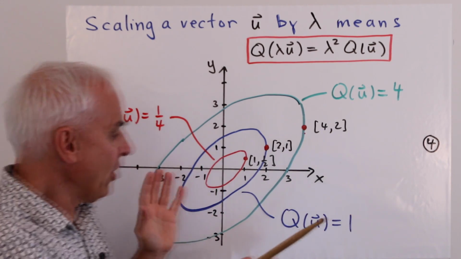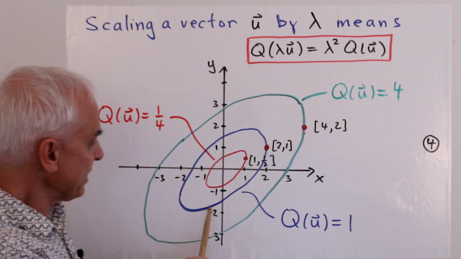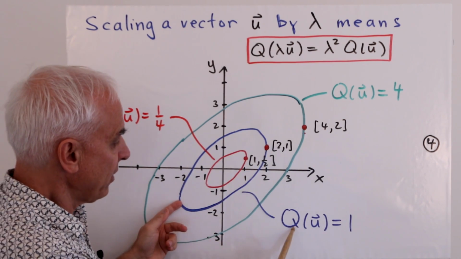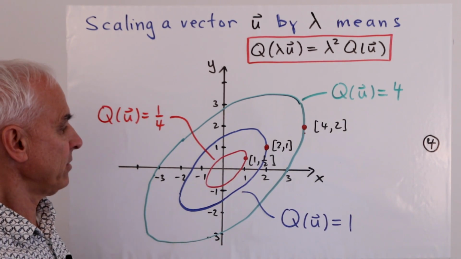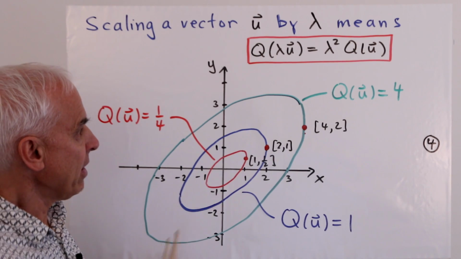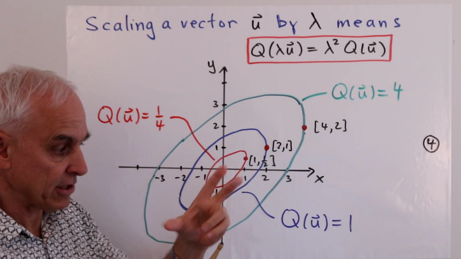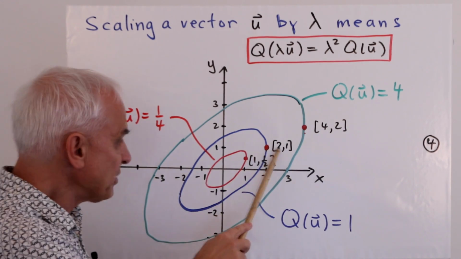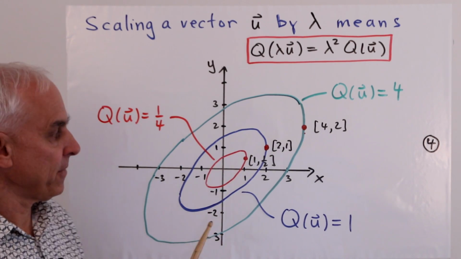Geometrically, that's telling us what happens when we scale vectors. So here is that unit circle we were talking about before. These are the vectors with Q of U equals 1, the unit circle in this geometry. Now if we multiplied points on here by, say, a half, that is, we're scaling by a half, then this point 2, 1 would be scaled to the point 1, 1/2.